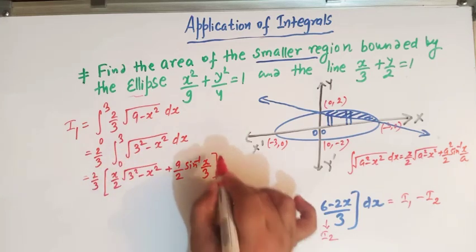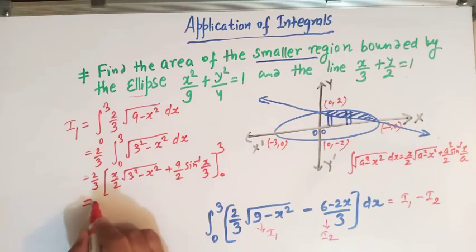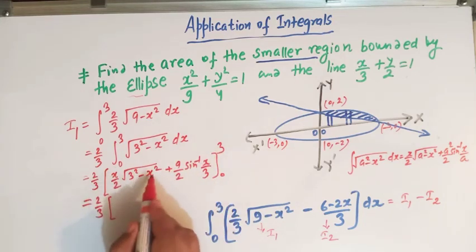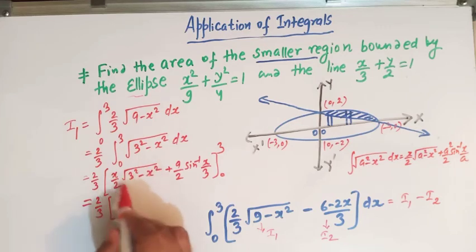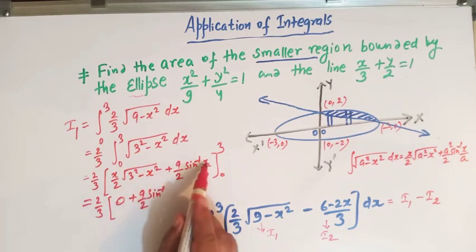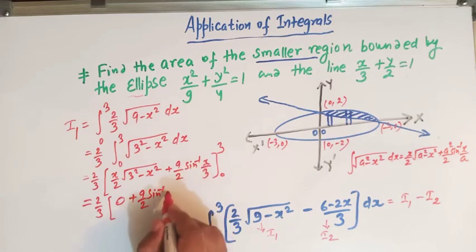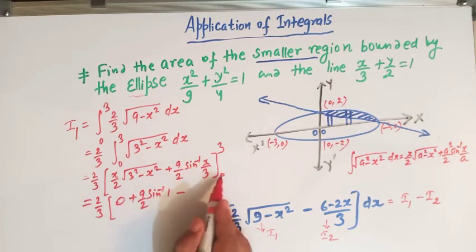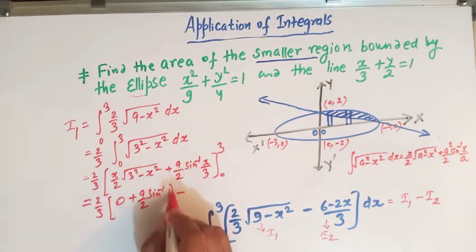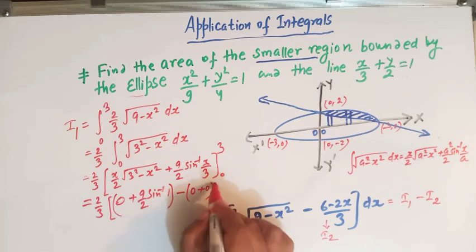And we have from 0 to 3. If we substitute 3 here, 3 square minus 3 square gives 0, so we have 0 plus 9 by 2 sine inverse of 3 by 3, which is 1. And if we substitute 0 here, this becomes 0 and this becomes 0, so we have 0 plus 0, right?